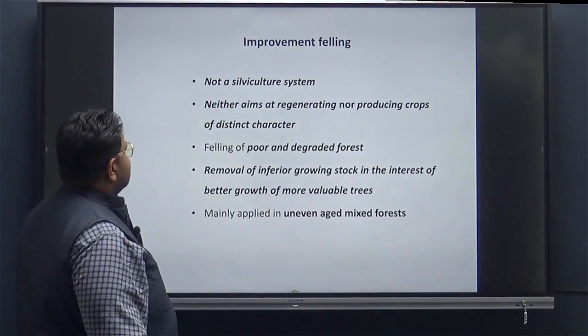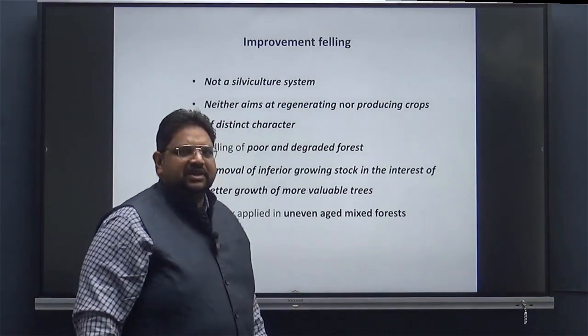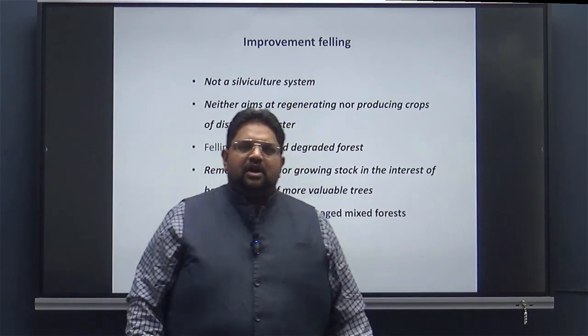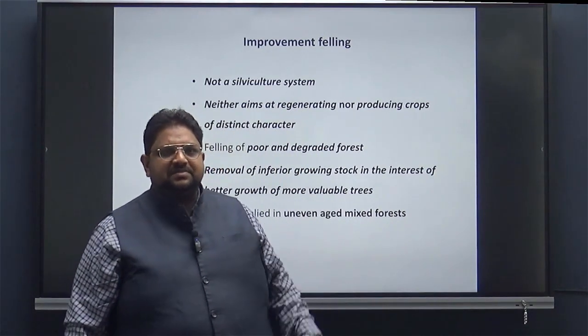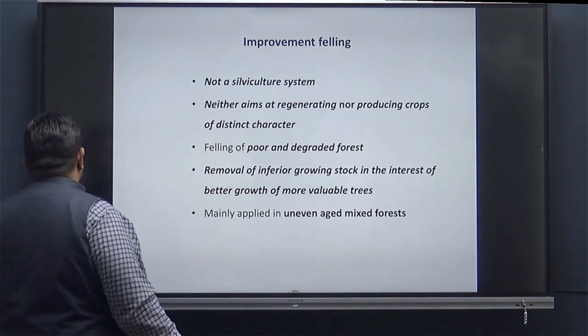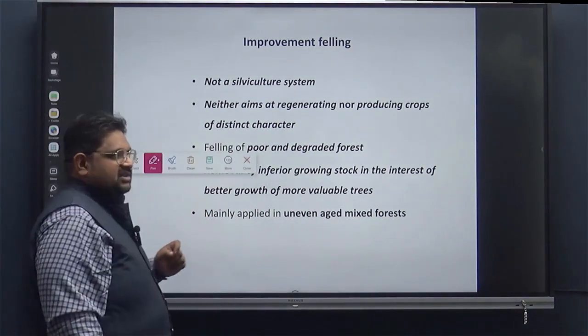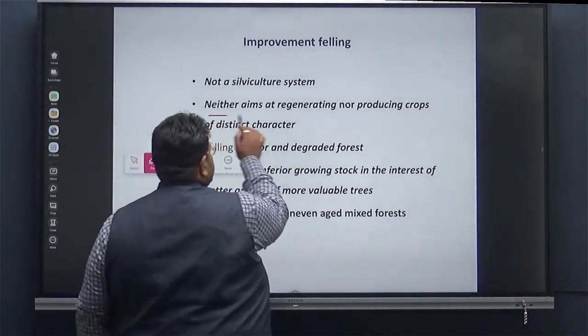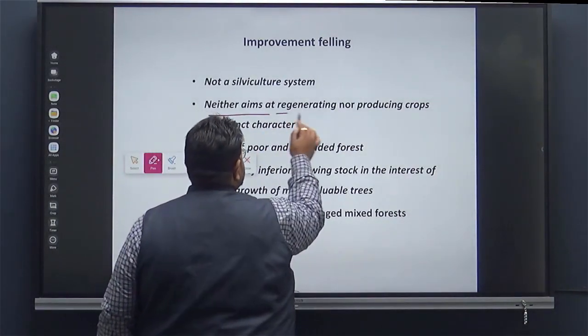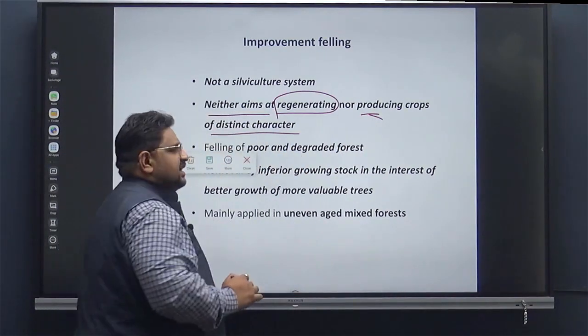So next is improvement felling. Even though it is under the category of silviculture systems, this is not considered a silviculture system. The reason being, if you want to call something a silviculture system, it should aim at regeneration and it should produce crops of certain distinct characters.